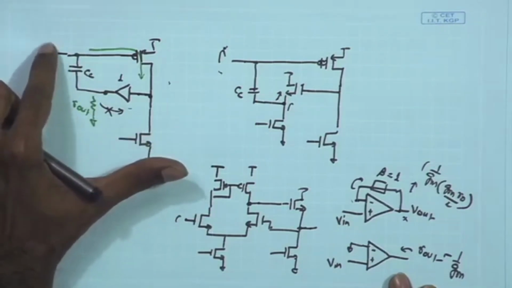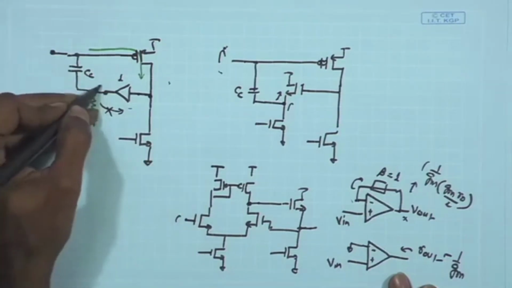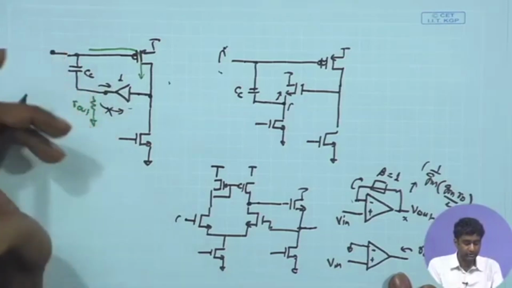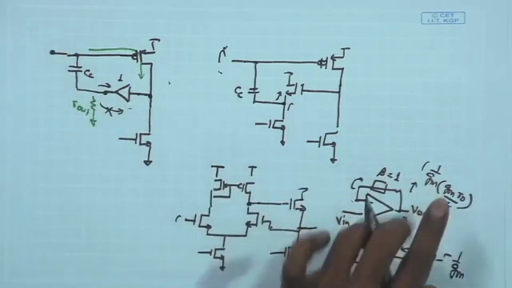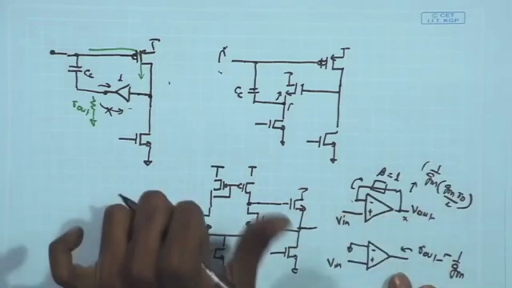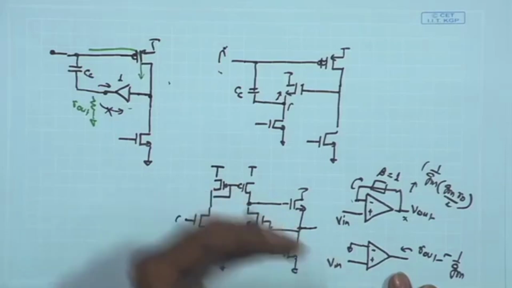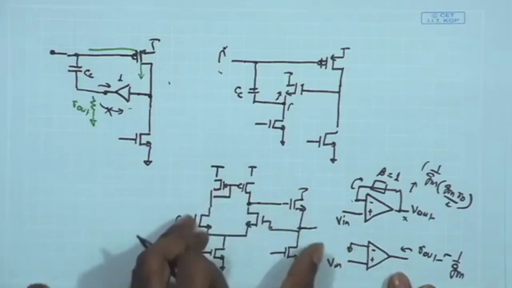So, if the output stage is providing impedance of say RO by 2, and we are able to make the output impedance of this buffer sufficiently lower than that, as evident from this expression, we are happy about it. We do not need to necessarily make this Gm RO too high to have any precise gain or closed loop feedback operation. That is not the purpose of this circuit.